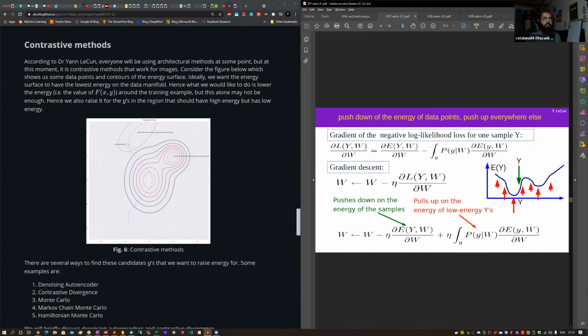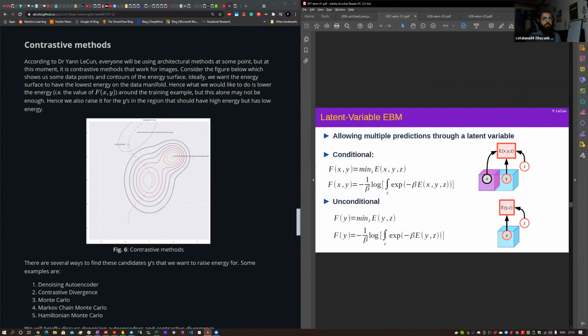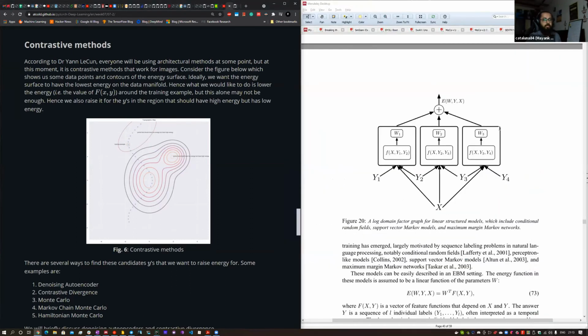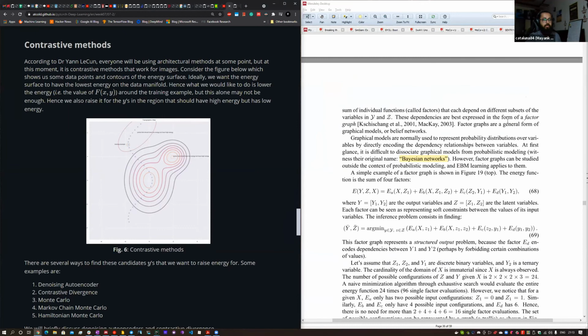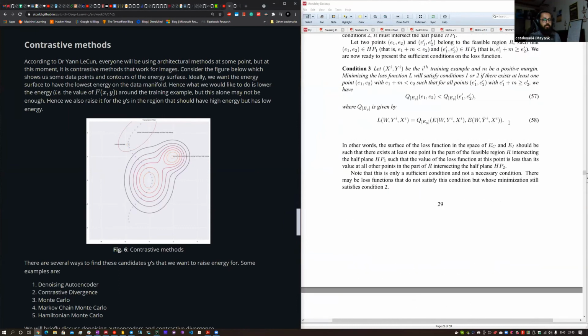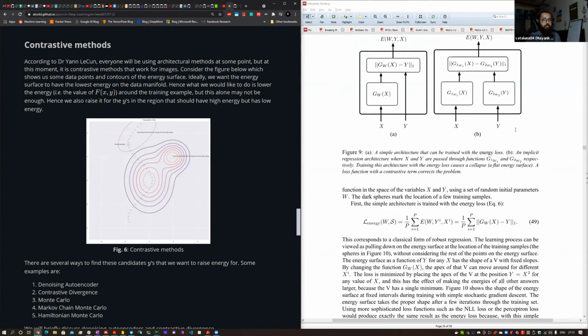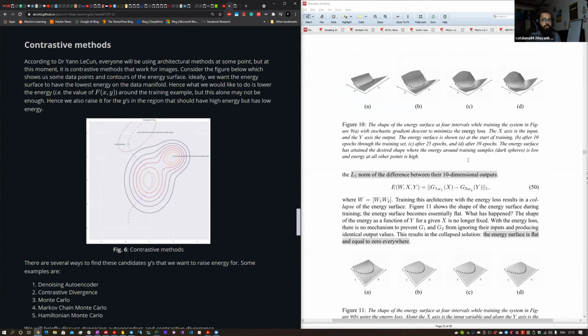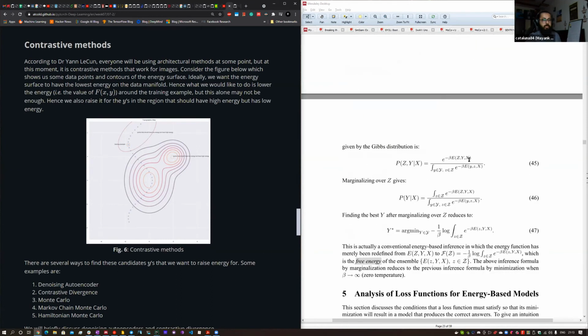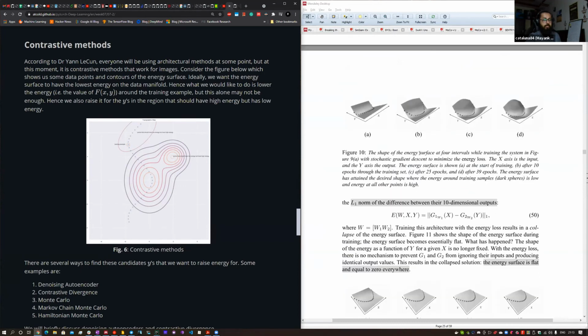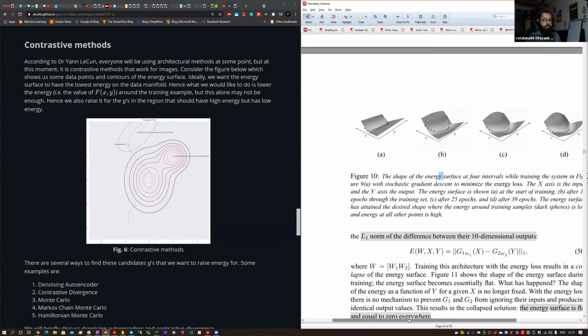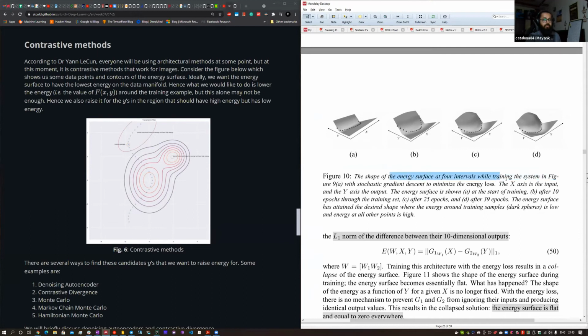We can also view this in a separate way, how it intuitively works, how it is actually pushed. If everyone can see, this example shows 4 intervals of the energy training and how the manifold is taking its shape.